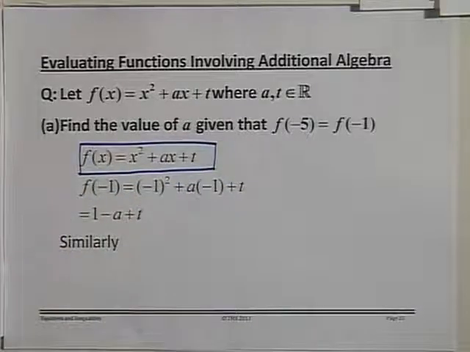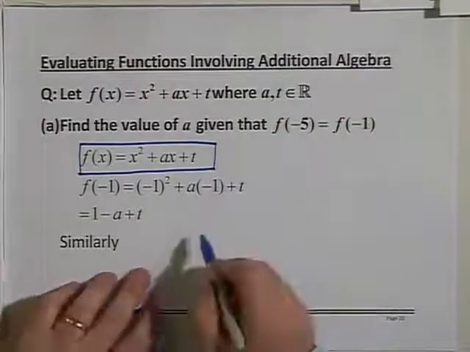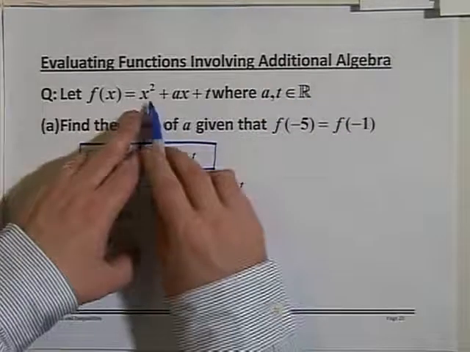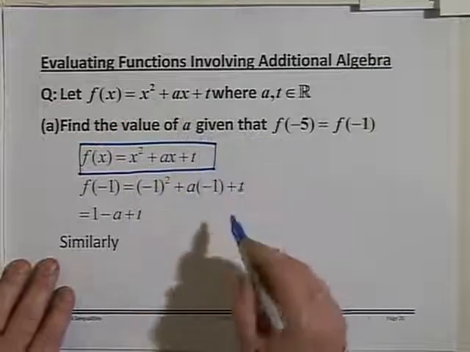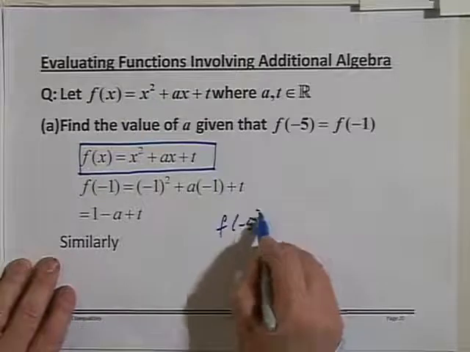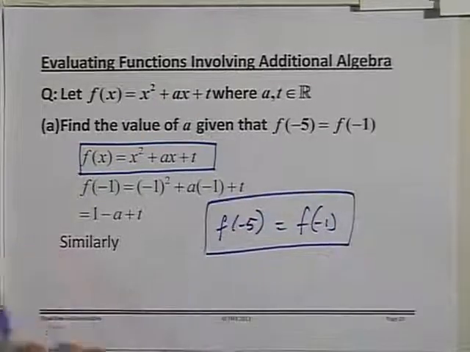Here's where they throw in a small bit of algebra, and they say let f(x) equal x squared plus ax plus t. Find the value of t given that f(-5) is f(-1). Now this is a bit trickier.